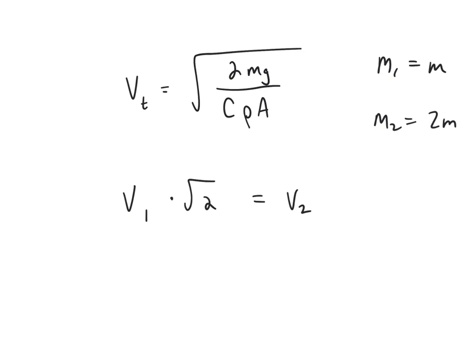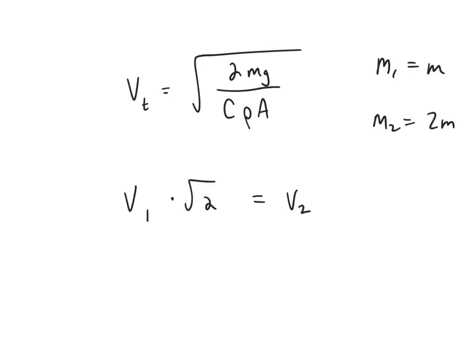The opposite is true for all of the denominator parameters. So if the density of the air physically doubles, the velocity goes down by a factor of square root 2. The terminal velocity of the second object would equal the terminal velocity of the first object divided by square root of 2. So I'll write that second scenario down.